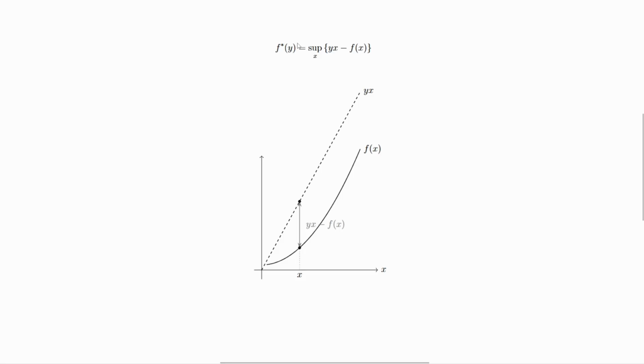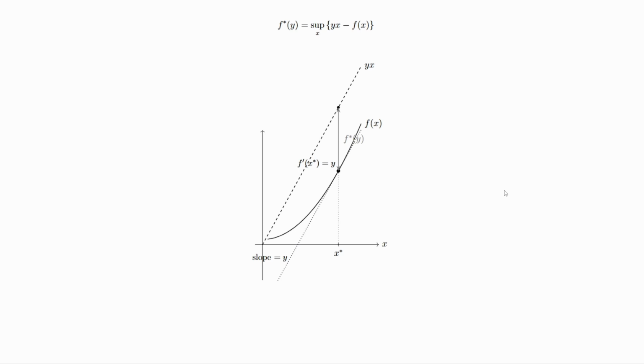So we try to find the x that attains the supremum of the gap function. That's pretty much the entire definition. To reiterate, for a line of slope y, what's the largest vertical gap it can have with f? And the answer as a function of y is f star of y.